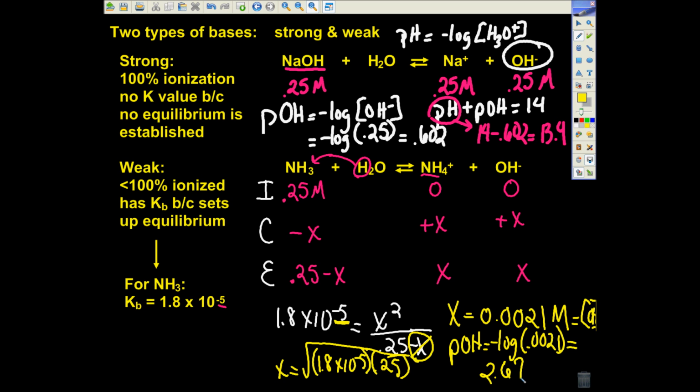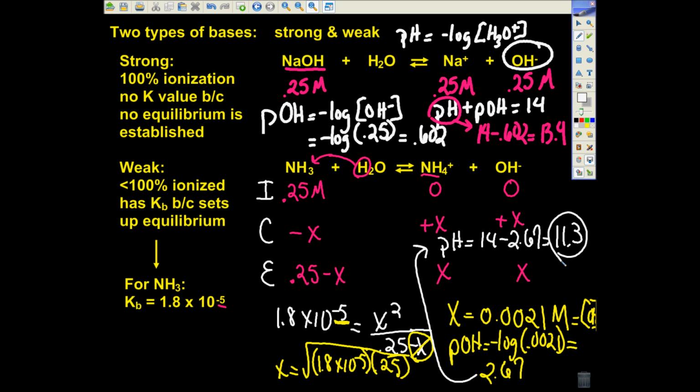Now, the questions will usually ask you for the pH, not the pOH. So I'm going to calculate my pH value. My pH is going to be 14 minus 2.67, and that's going to give me a value of 11.3 for the pH of that weak base.